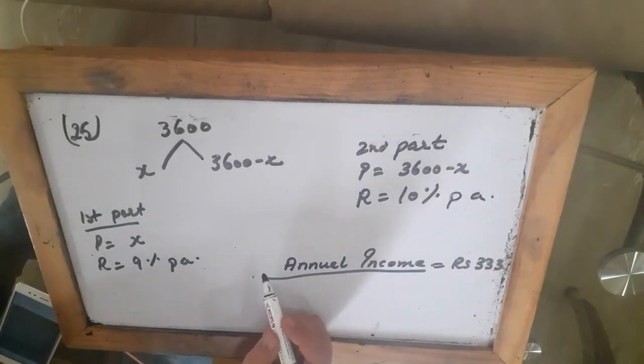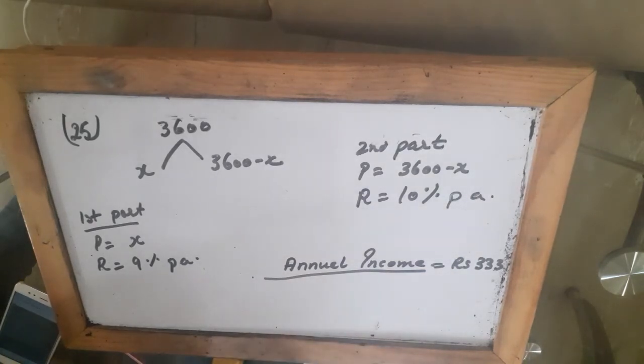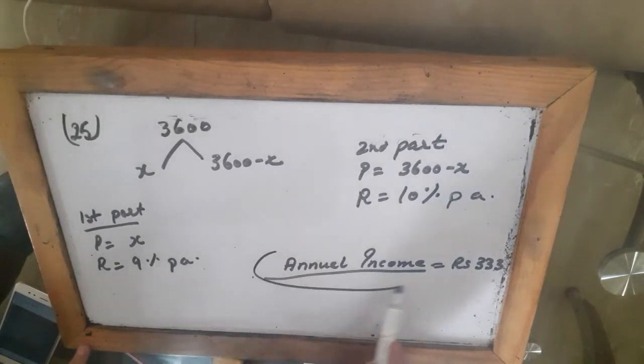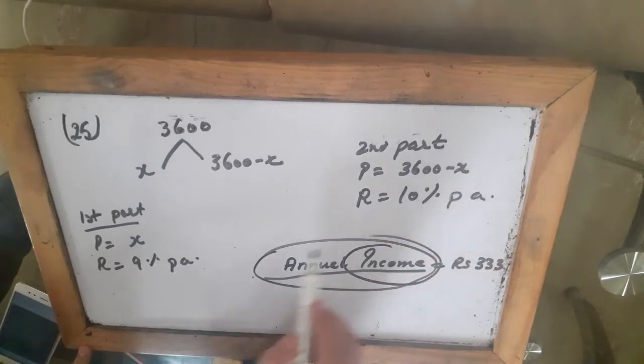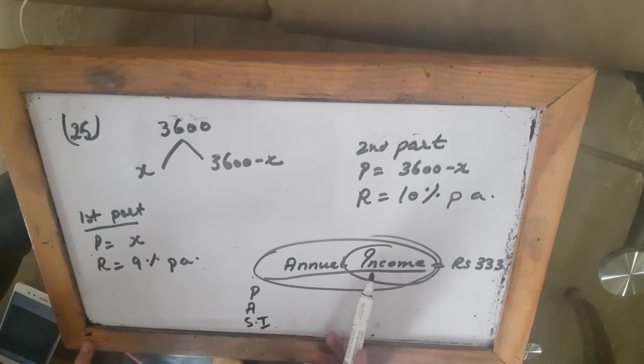Okay, and they are saying the total annual income. Now what is this total annual income? In this whole simple interest chapter we did principal, we did amount, we did simple interest. What was the income? Which is the income out of these three?